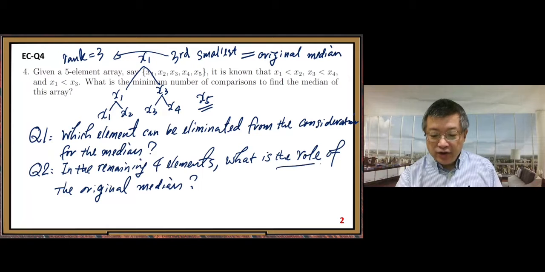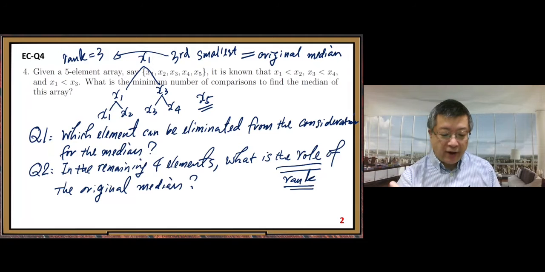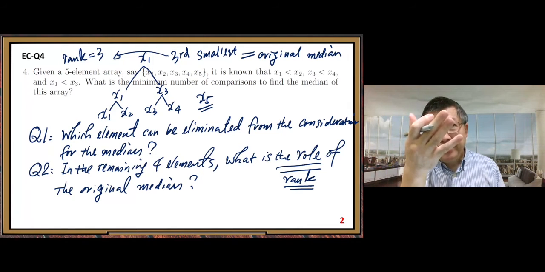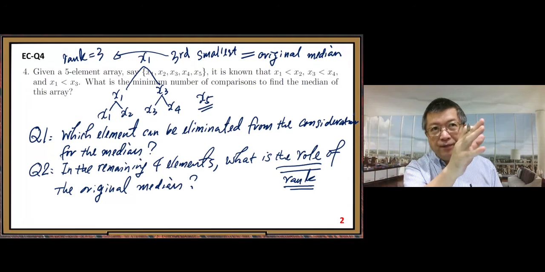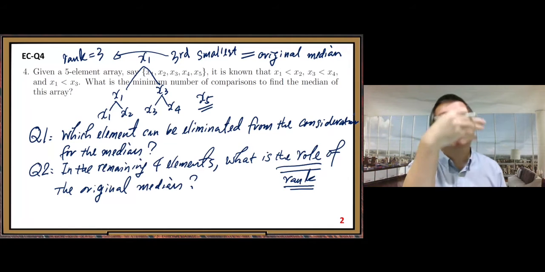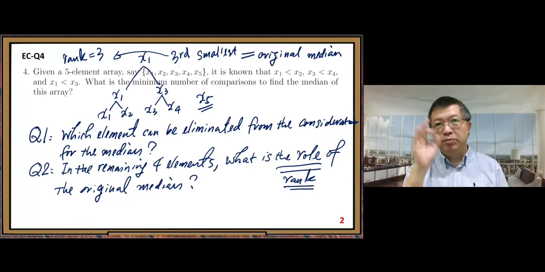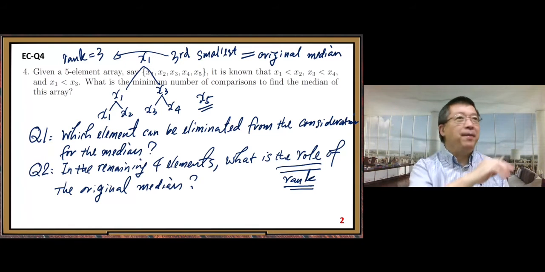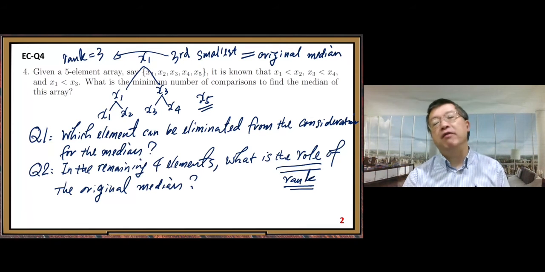Then I should change the rank. What is the rank of the original median in the remaining elements? Its rank should be updated. After you update that rank number, then you can use your experience to solve it.